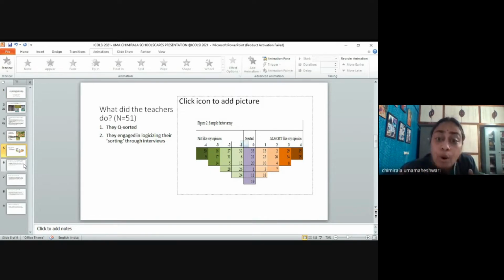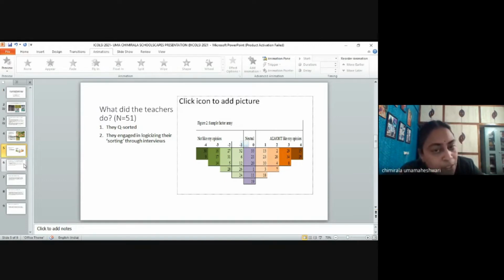So you can go on to do what is called a principal component factor analysis. The difference between the regular R analysis and the Q analysis is that in R you will have names of people on the rows and your question statements on the columns. You invert it in Q. So you have your statements on the rows and you have your teachers in the columns.